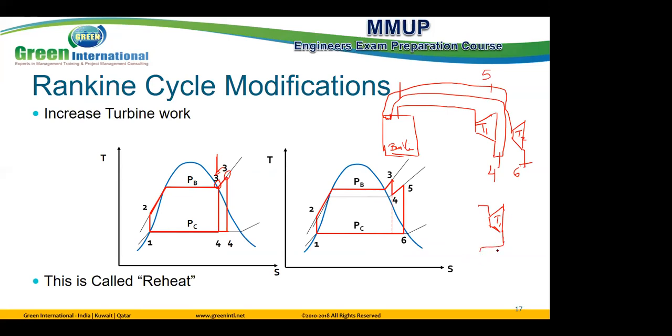Some of the output goes to this side, for example, to something called a feed water heater. Okay, and then going out, I think it's the condenser. Pump, and this pump goes here, going to the power.